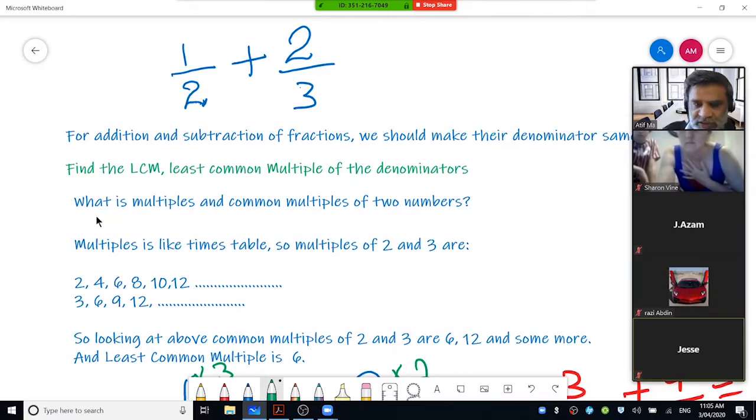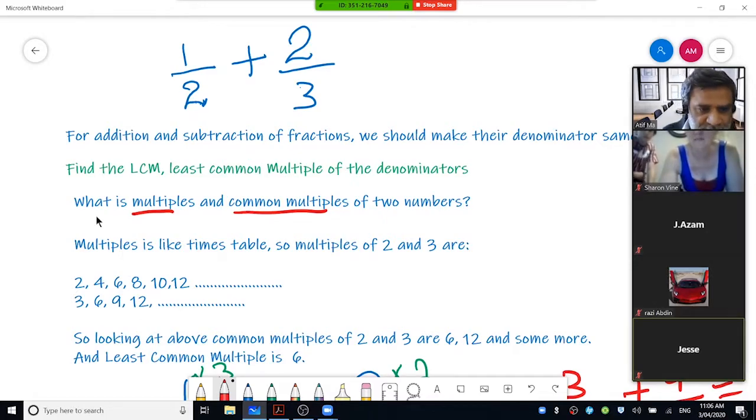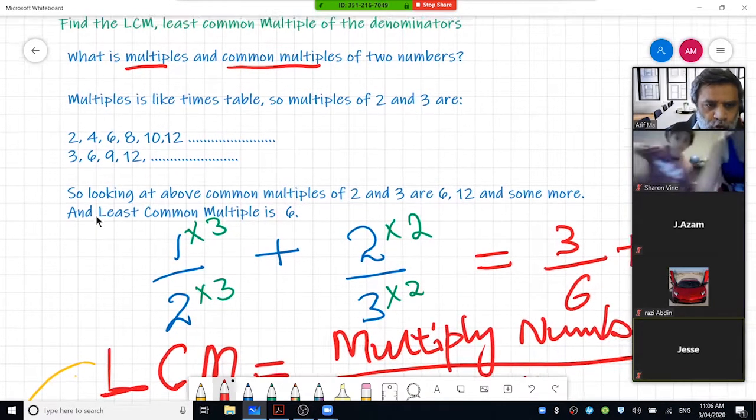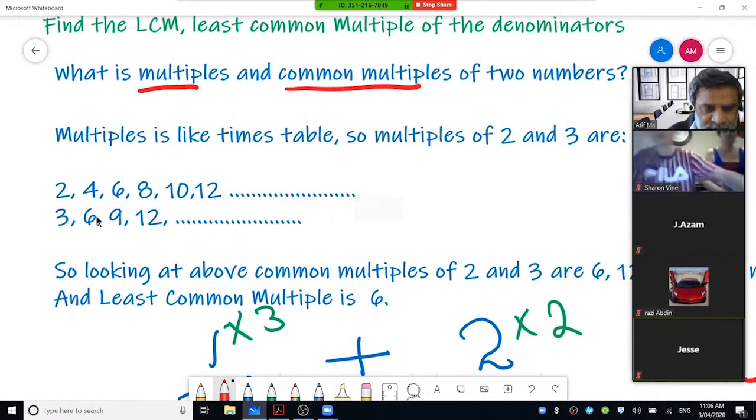The first question is, what is a multiple and a common multiple? A multiple is like a timetable. Multiples of 2 are, for example, 2, 4, 6, 8, 10. And multiples of 3 are 3 times 1 is 3, 3 times 2 is 6, 9, and 12.